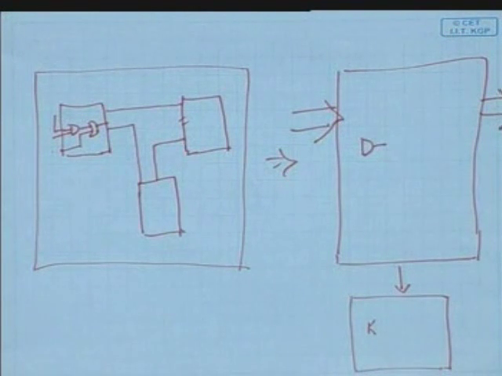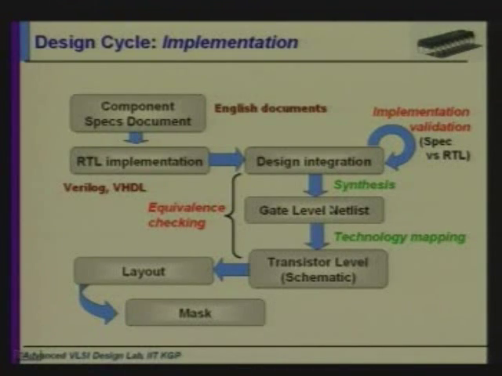Now since these two steps, synthesis and technology mapping, are done by tools, and tools are not bug free, there may be bugs in the tool. So we need to ensure that whatever is here is converted correctly to the netlist, and from the netlist the transistor level is created correctly, and for that reason we do equivalence checking.